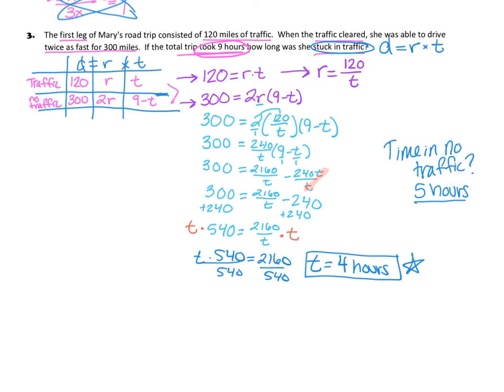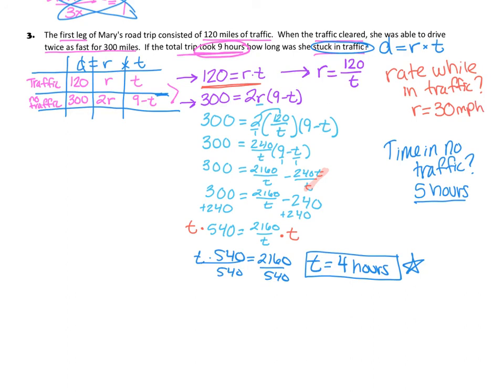What if it asked the rate she went while in traffic? Then I want to take that 4 and substitute it into this original equation, 120 equals r times t. And I would get that my rate was 30 miles per hour.